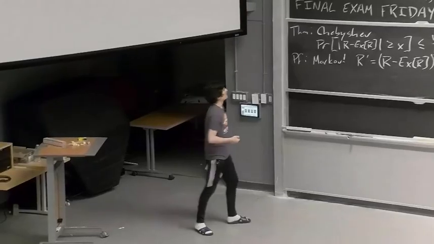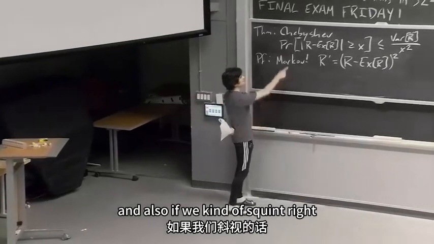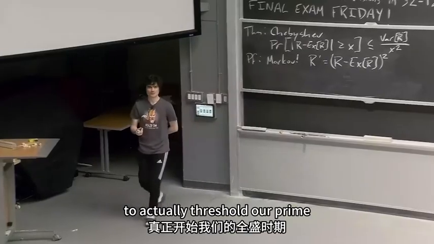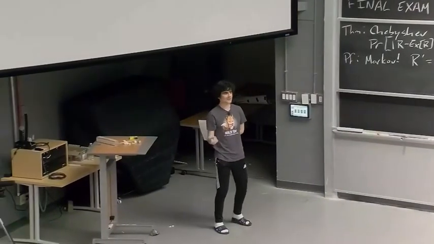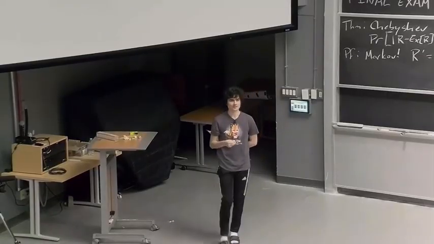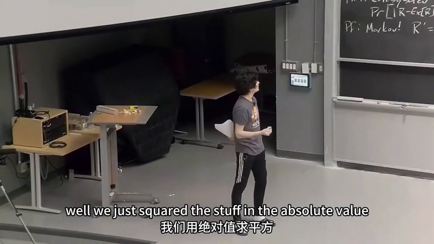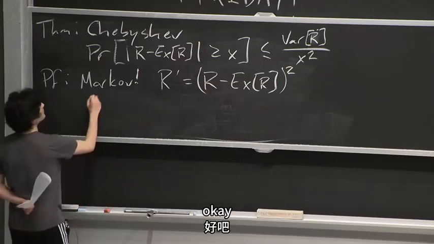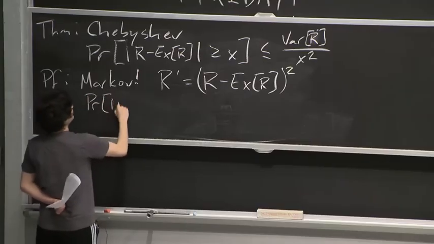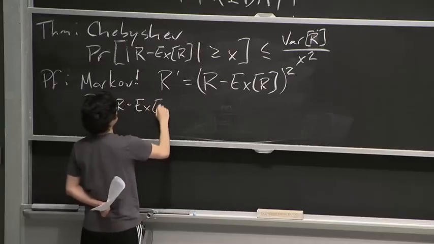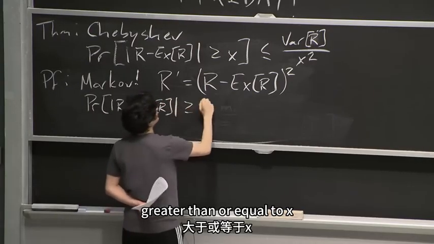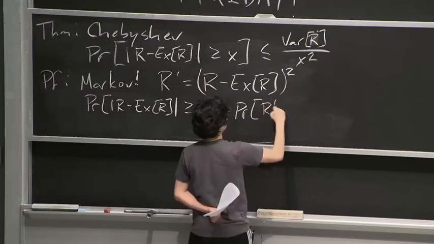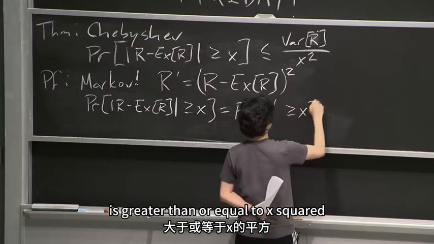And also, if we squint, we can fiddle around with this to threshold R prime instead of this absolute value thing that we've got here. How do we do that? Well, we just square the stuff in the absolute value, right? It has the same square as if we didn't have the absolute value. So the probability that R minus its expectation is greater than or equal to x equals the probability that R prime is greater than or equal to x squared, right?